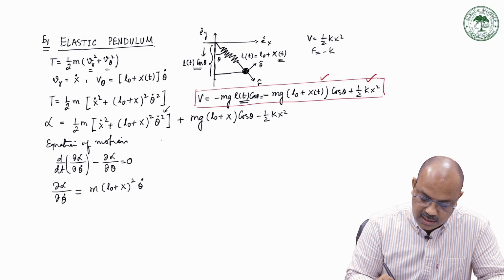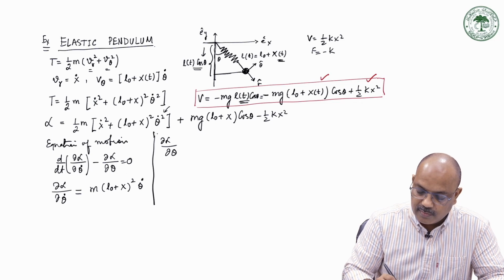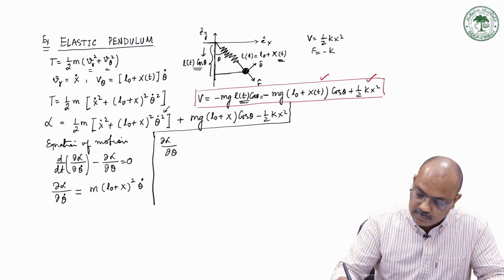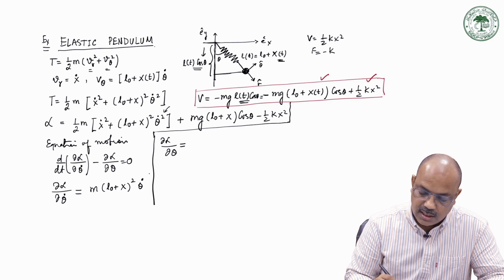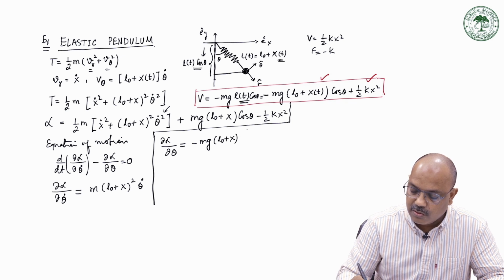Now I can find delta L by delta theta, which is going to be minus mg (L0 plus x), and cos theta becomes sin theta.